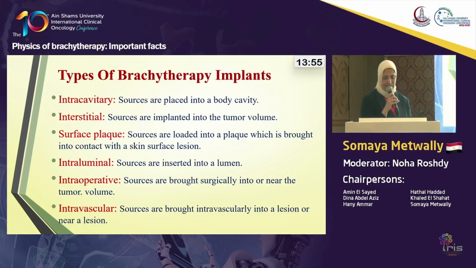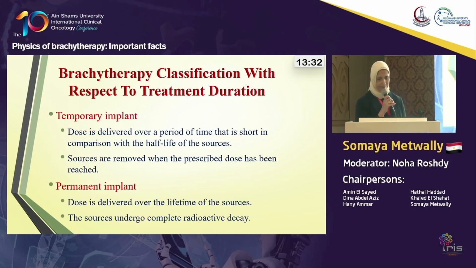Intraluminal, in which sources are inserted into the lumen. Intraoperative, in which sources are brought surgically into or near the tumor volume. And intravascular, in which sources are brought intravascularly into the lesion or near the lesion.